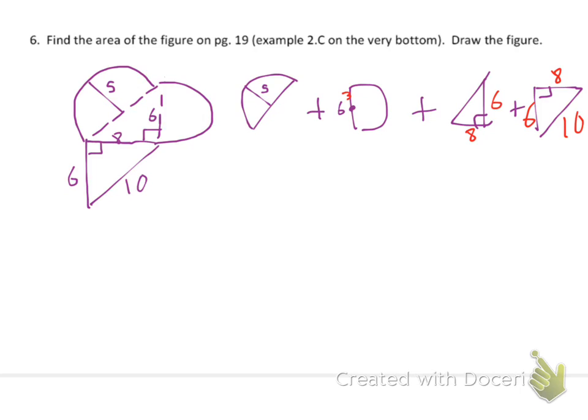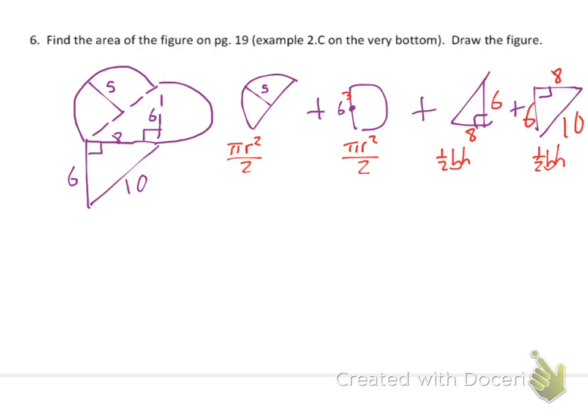I know I've got to find areas, so therefore I'm going to use formulas. I said do this every time, guys. Write the formulas down. Pi r squared over 2. Next one is a pi r squared over 2. 1/2 base times height. 1/2 base times height.